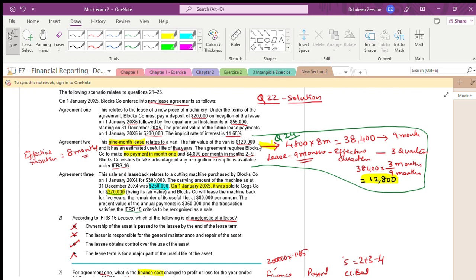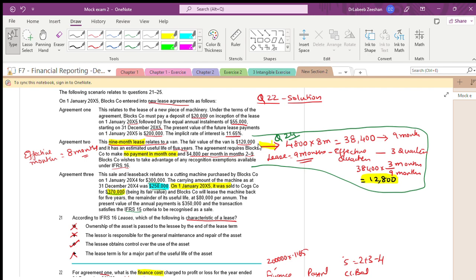No idea? The 120,000 you have to divide. How much is the sale value? Sale value is 370,000. For 370,000 of sale, the profit is 120,000.